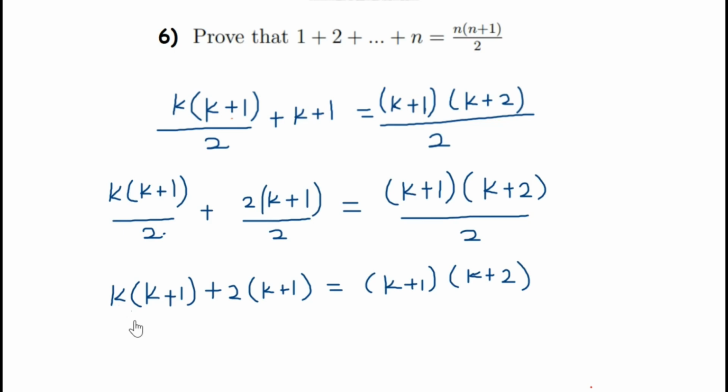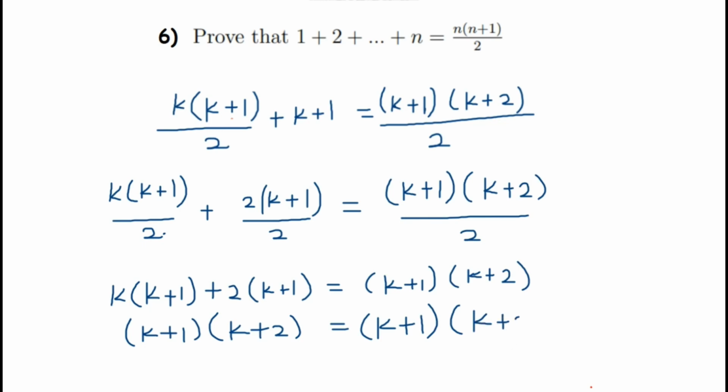So if I rewrite this, I'll rewrite this as k plus 1 multiplying k plus 2. It's like you've multiplied this bracket with this one. That's what gives us what we have on top here. So you see that now the left hand side gives the right hand side: k plus 1 multiplying k plus 2.